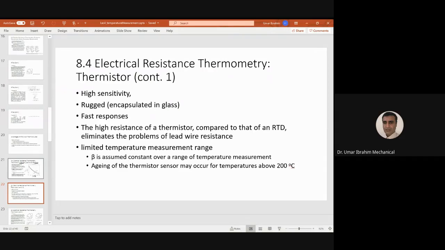One of the other issues is aging of the thermistor sensor. Okay. So what is aging?